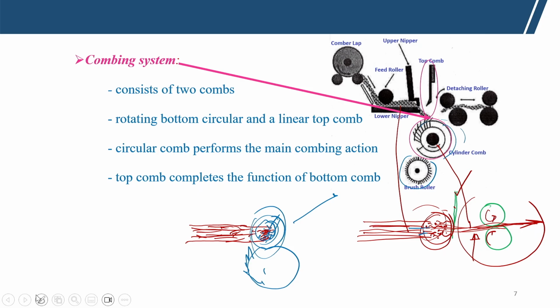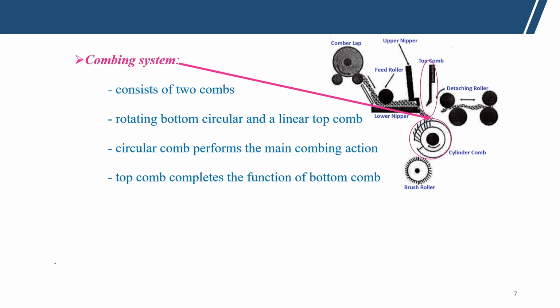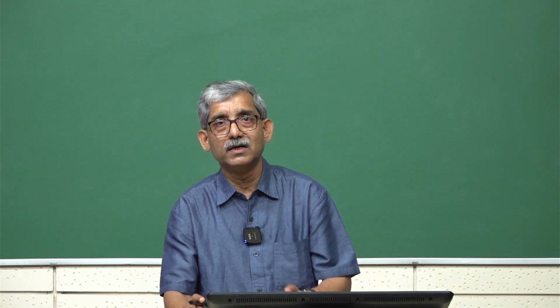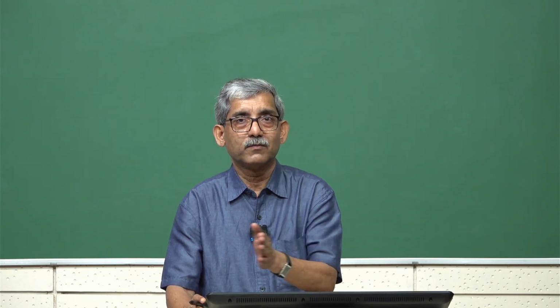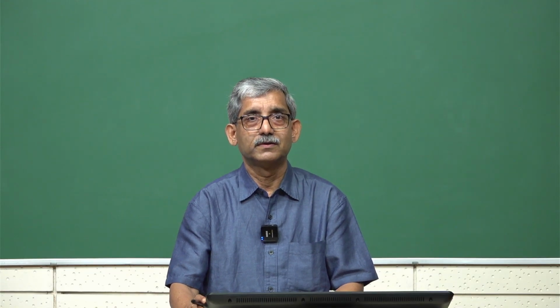In this way, as we have seen, the majority of the function is actually done by the circular comb, the main function. The top comb only restricts the movement of the short fibers; it separates out the short fiber from the trailing part of the fringe.